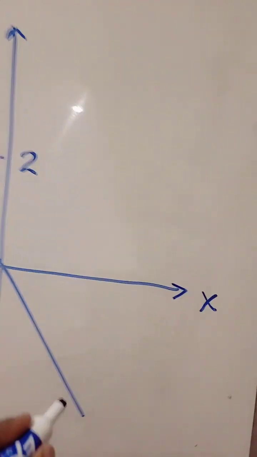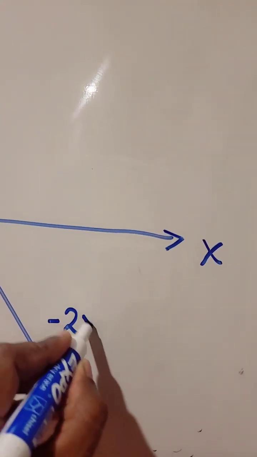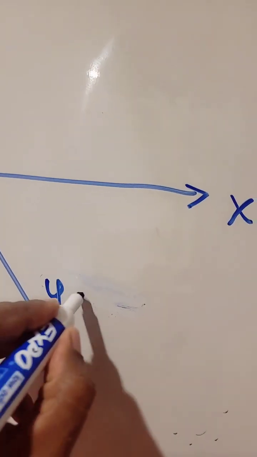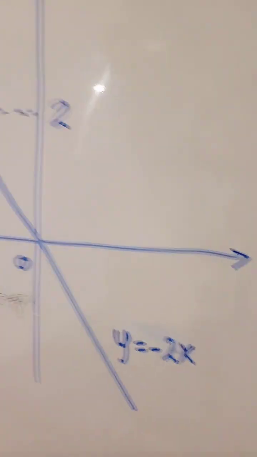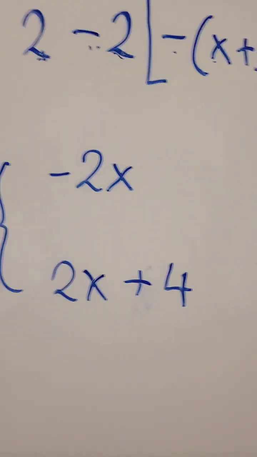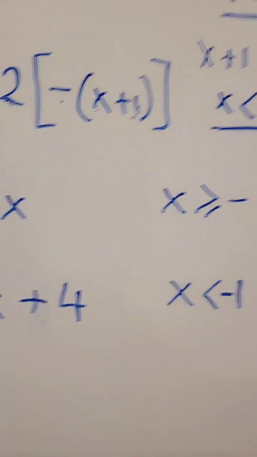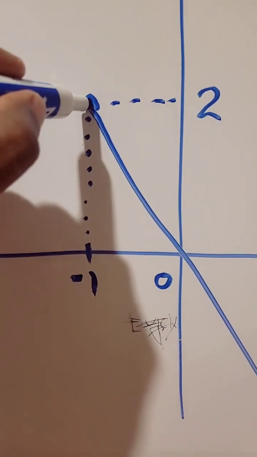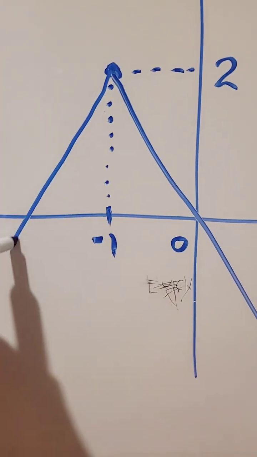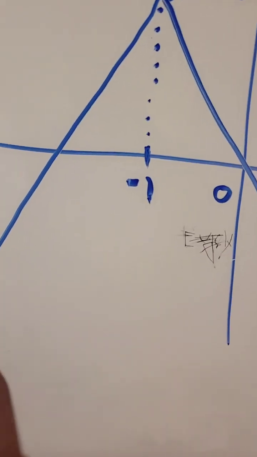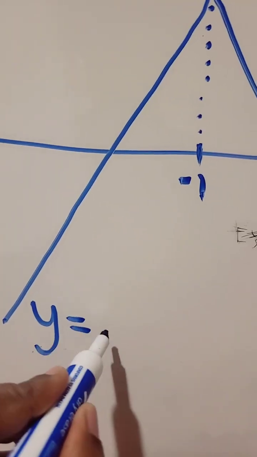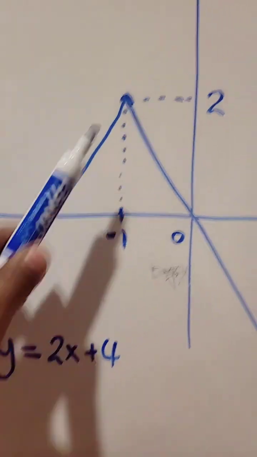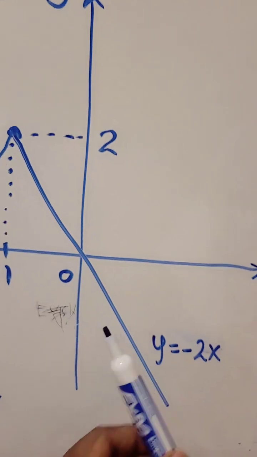That's the negative 2x part. And then over here, that's a positive 2x plus 4, so it's going to look like this. That's y equals 2x plus 4. That's a positive slope, and that's a negative slope.